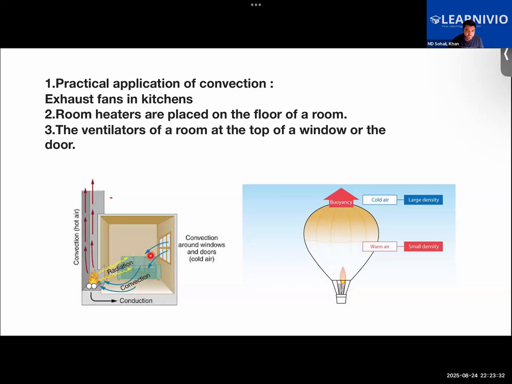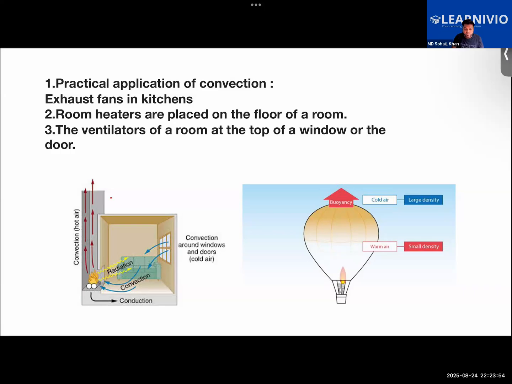Ventilators are also put at the top of the window or the door. Why? Because the warm air will always rise up. You want the warm air to escape from your room. So where should the ventilators or the exhaust fan be put? It should be put at the top of the room, because if it's on the bottom, then it will take a lot of time for it to work.